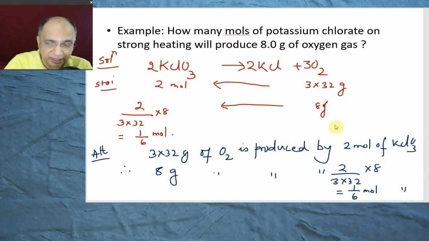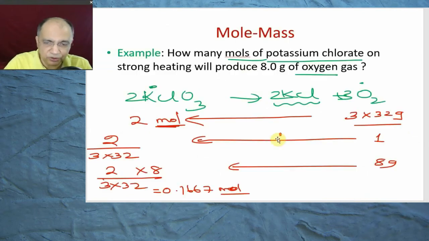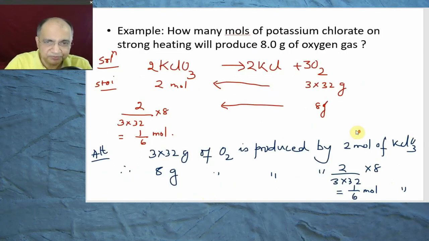Therefore, this should be kept on the right, this should be kept on the left. So, 3 into 32 grams of oxygen is produced by 2 moles of KClO3. So 8 gram of oxygen is produced by how many moles of KClO3? It's coming 1.6, right? Same thing as 0.1667.